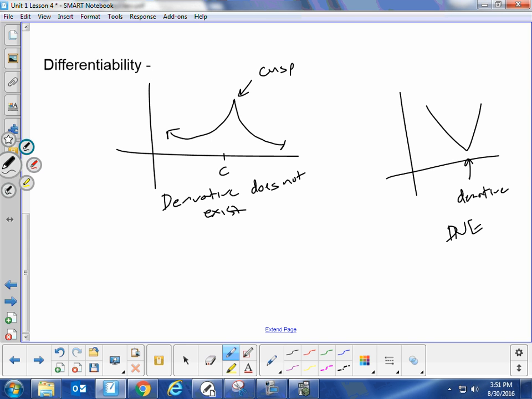Derivatives don't exist when we have discontinuities. Function must be continuous to be differentiable.